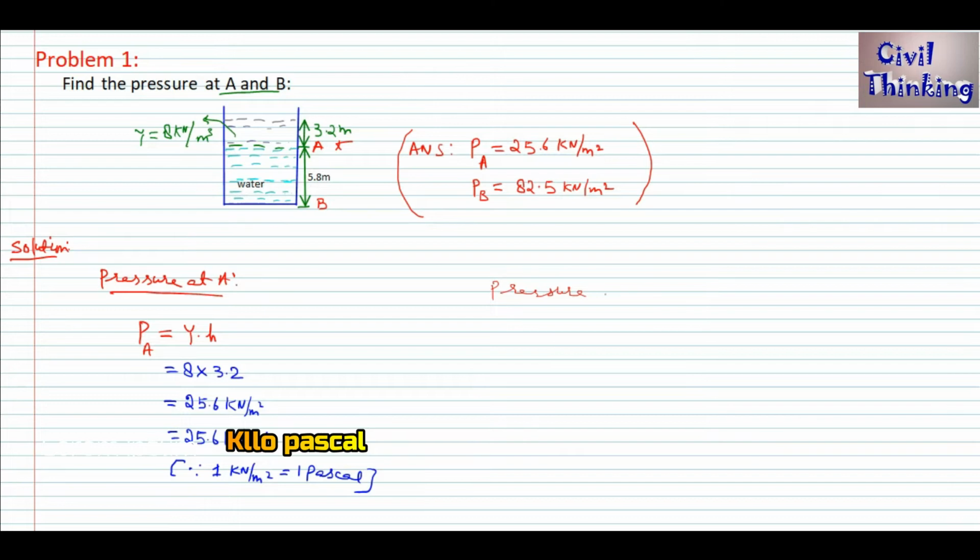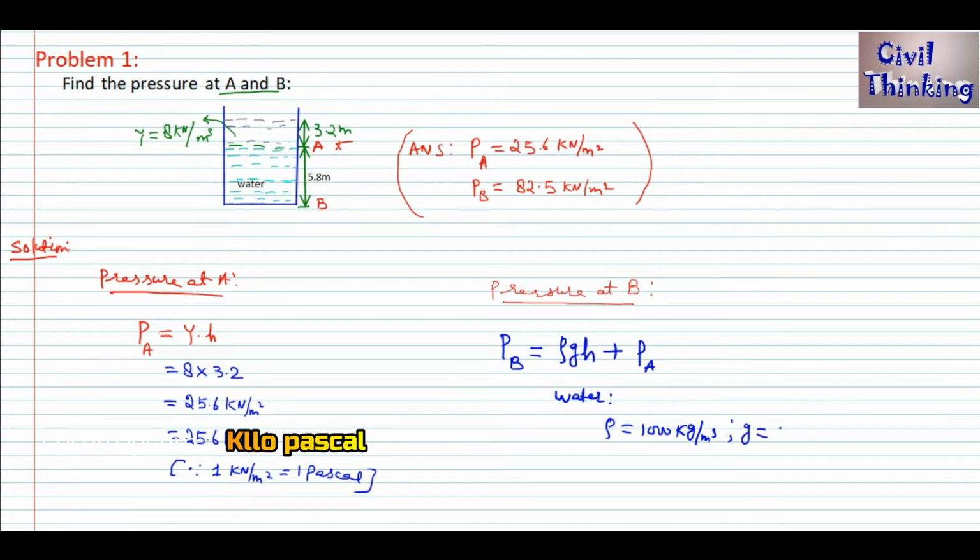Now let's find the pressure at B. The pressure at B is equal to, due to this height of 5.8, rho g h, plus the pressure at A. We know it's water, so the density is, sorry, 1000 kg per meter cube.